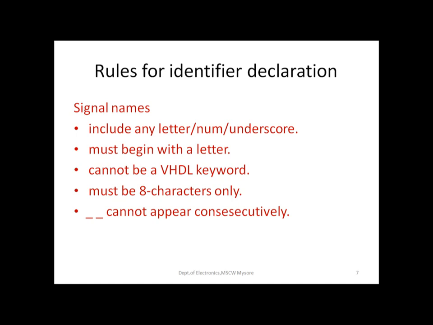You can use the capital A to capital Z, small a to small z, the digits from 0 to 9, and the underscore character, but there is a restriction for 2 consecutive underscore characters. So whenever we are using this identifier for giving the names of the signals, these are the rules.